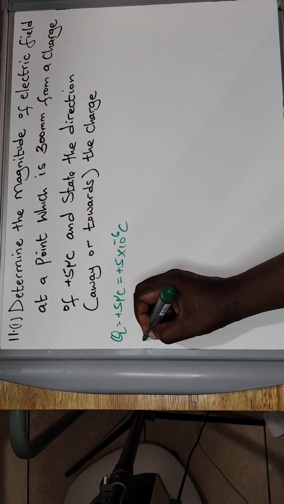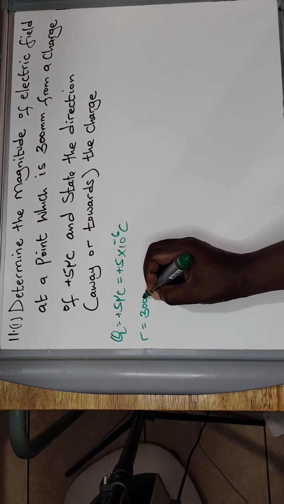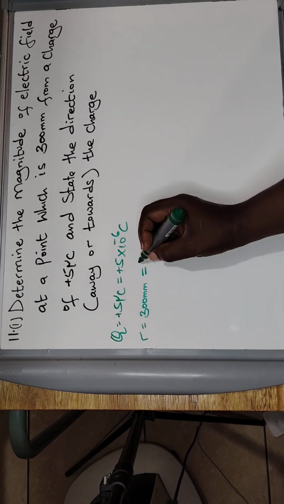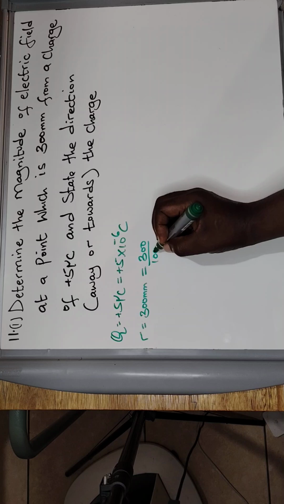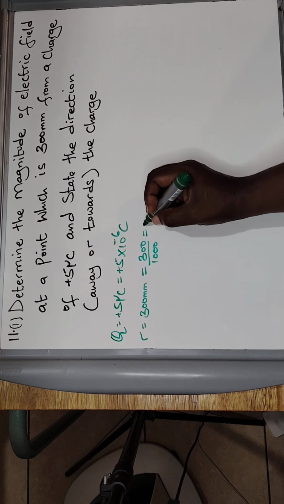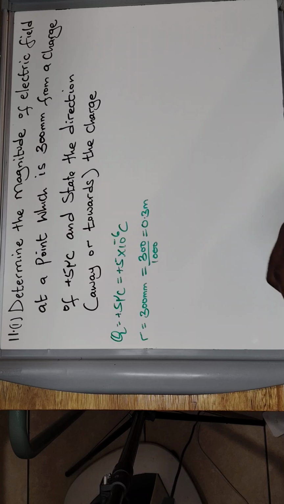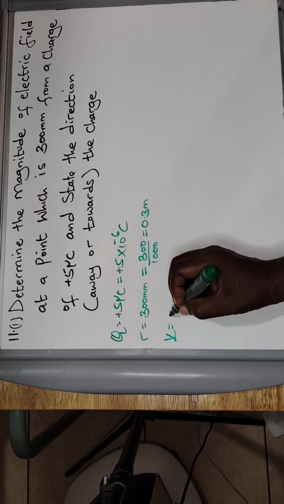We know the distance, which is 300 millimeters, and in SI units, it's going to be 300 divided by 1000, giving you 0.3 meters. What else do we know? Then we know our K.